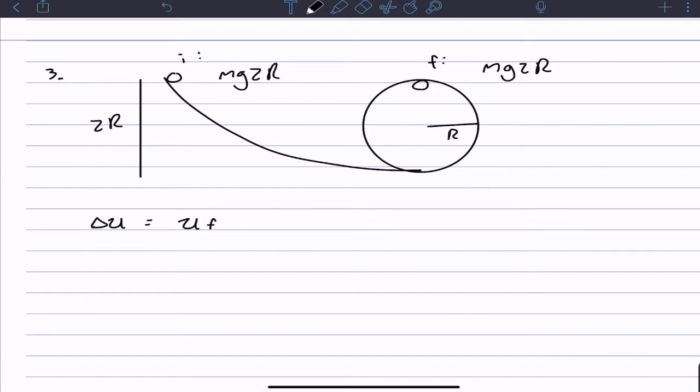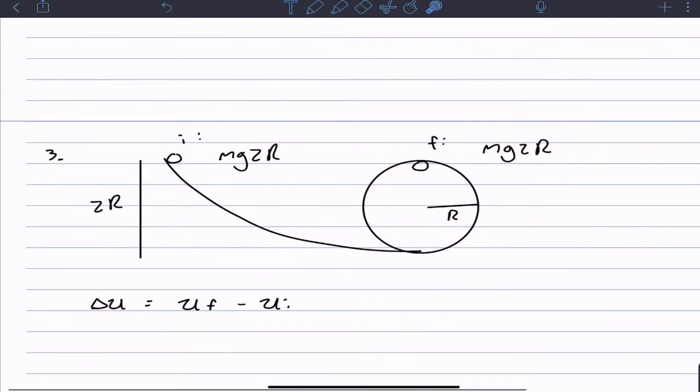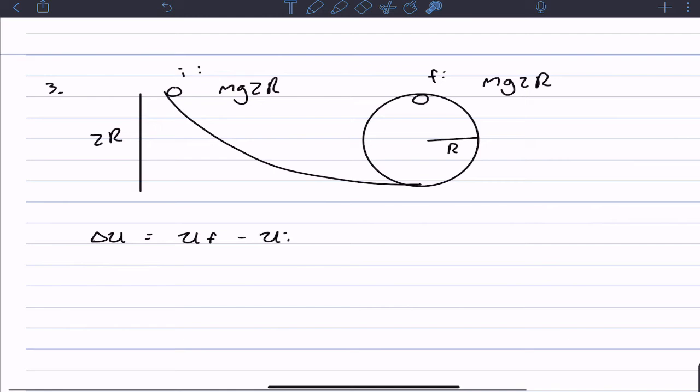Since we have uf minus ui, now before I do that, I want you to recall that, as I mentioned from the chapter, the change in potential energy is path independent, so it doesn't matter how you get from one place to another. What matters is the potential at the final and initial positions.